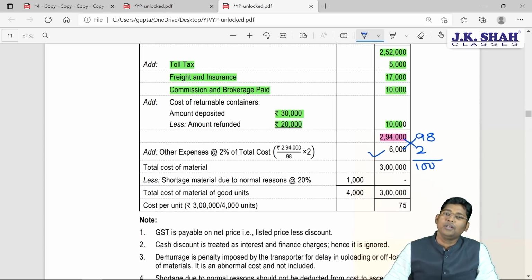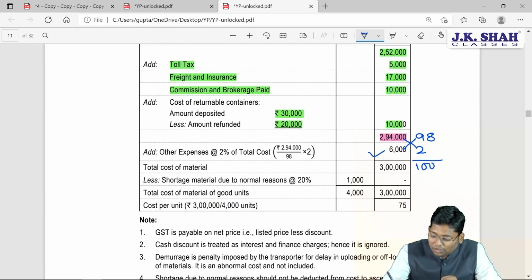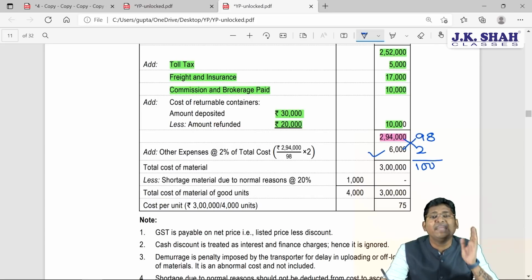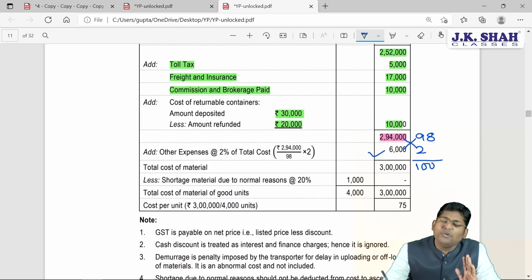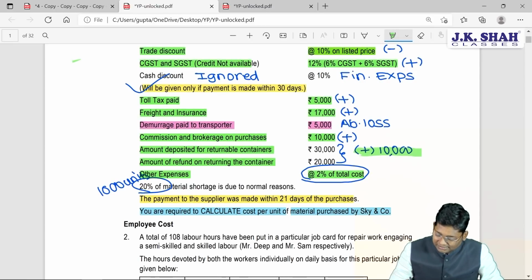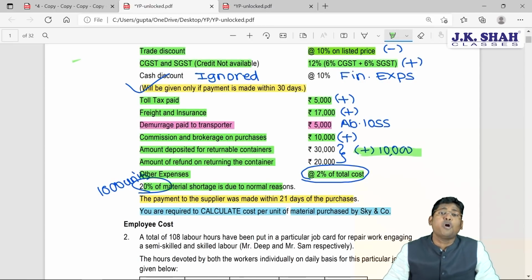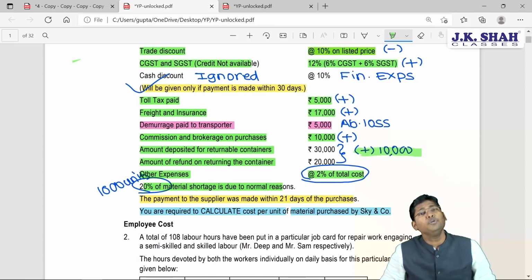3 lakhs is your total cost, but guys, 3 lakhs is the total cost which you have incurred for 5,000 units. But have you received 5,000 quantity at the end? No. The last point says that 20% of material shortage is noticed due to normal factors.